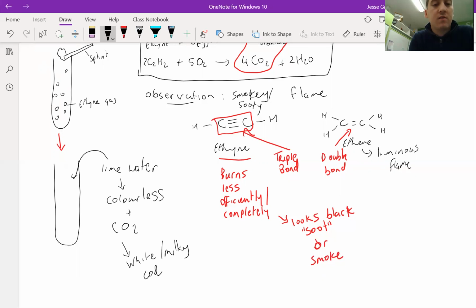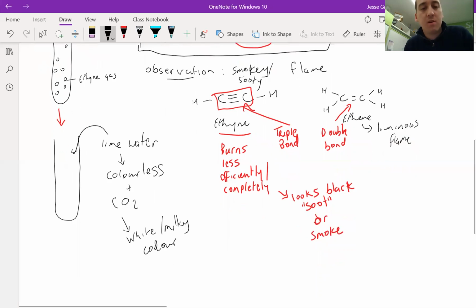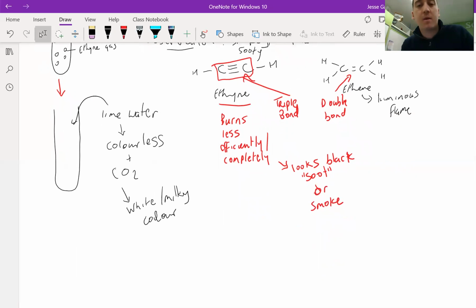This is because of the formation of the insoluble substance calcium carbonate. You would have learned that in the previous video, okay? So it's the same process as the previous video. When you mix lime water with carbon dioxide, it forms a white or milky color. And that would happen here in the test for carbon dioxide.